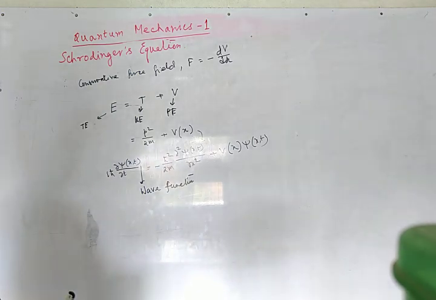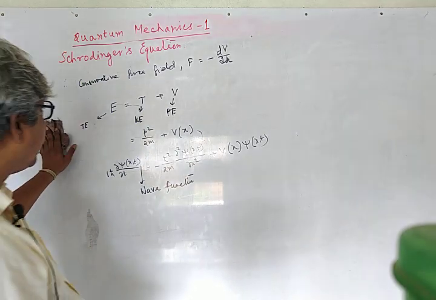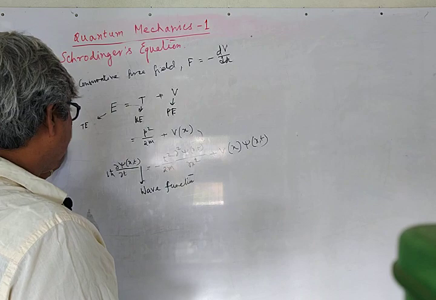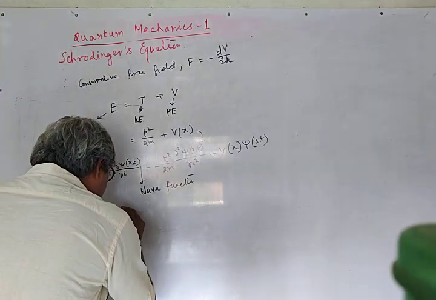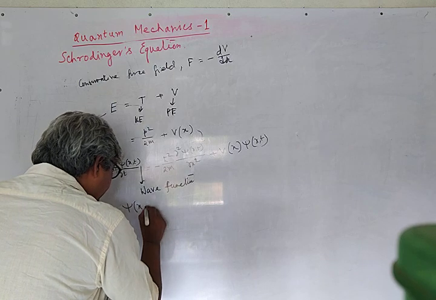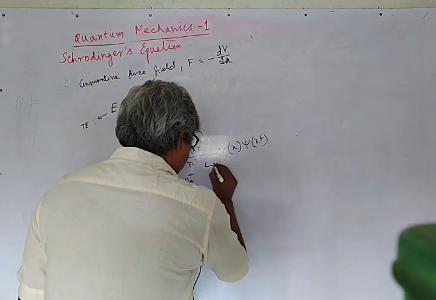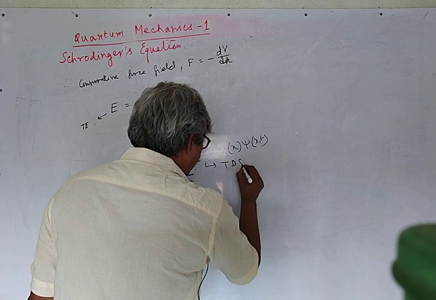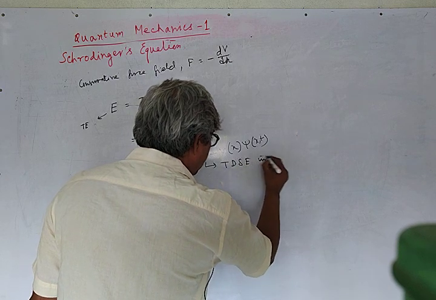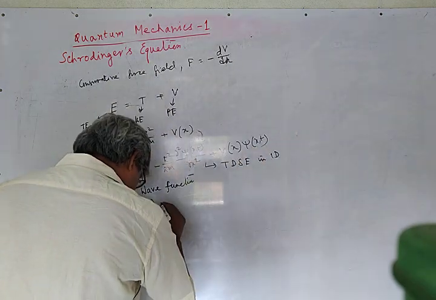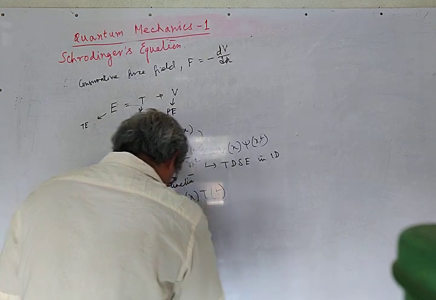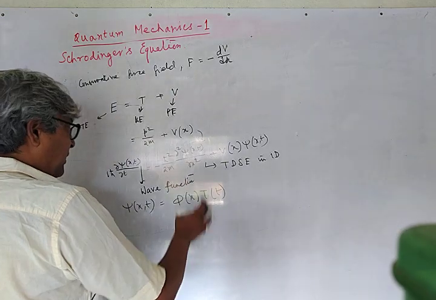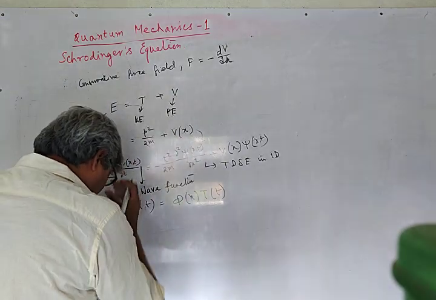Now let me first generalize this into more than one dimension. And one thing more: this is the time dependent Schrodinger equation in 1D. If we decouple this into space part and time part, then the time part will be the same as we have done earlier.